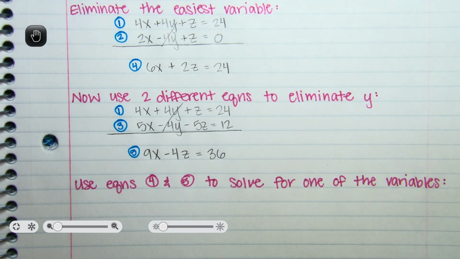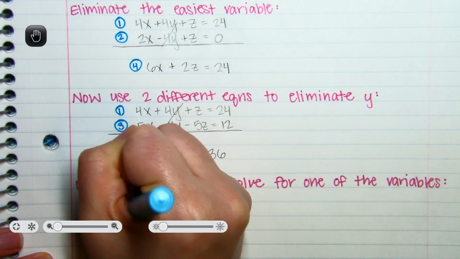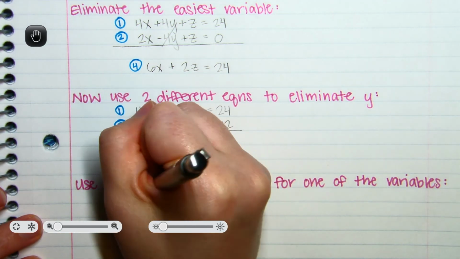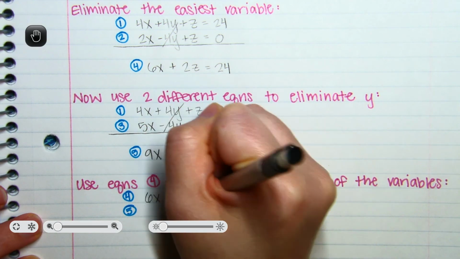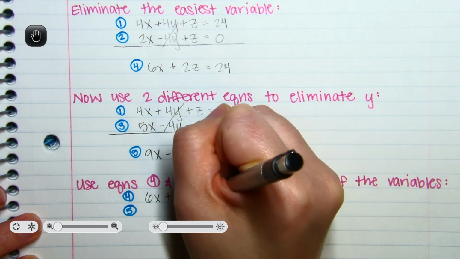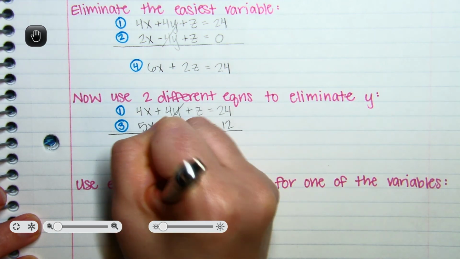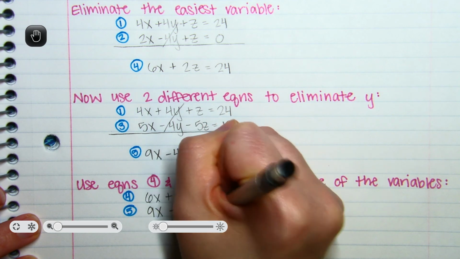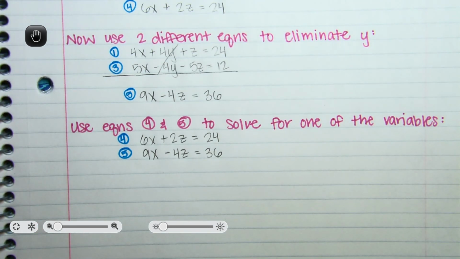So let me go ahead and write them down. So I'm just going to recopy my equations. I also want to point out, I write my z with a little line through it just so it's really obvious that it's not a 2. Okay, so all I did was copy my equations 4 and 5.